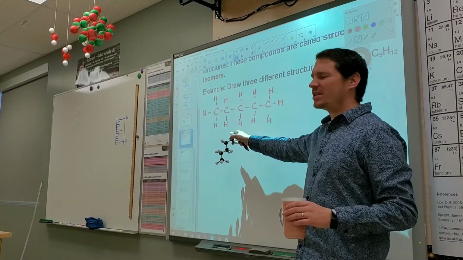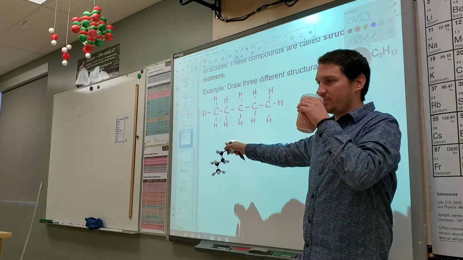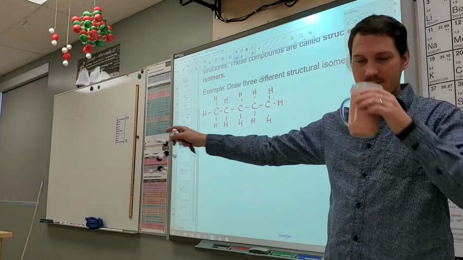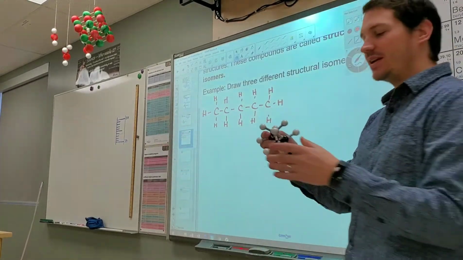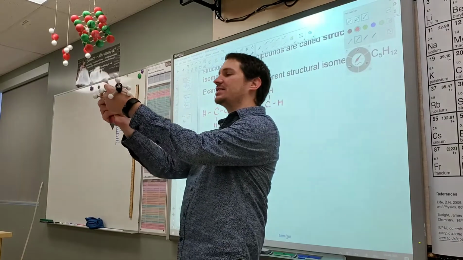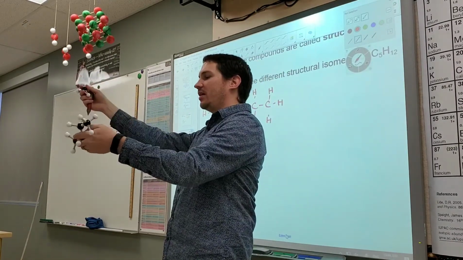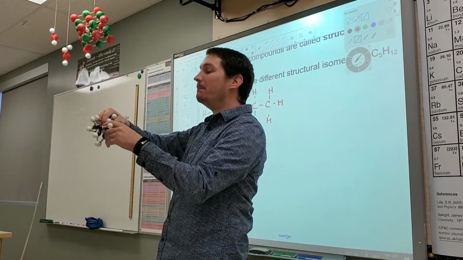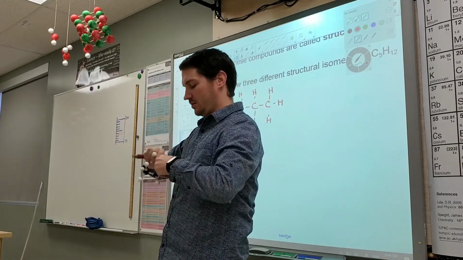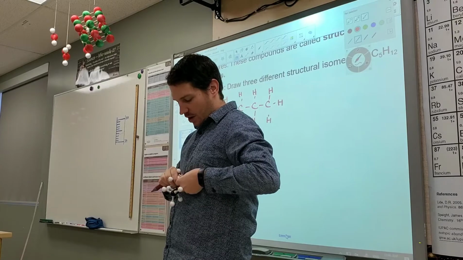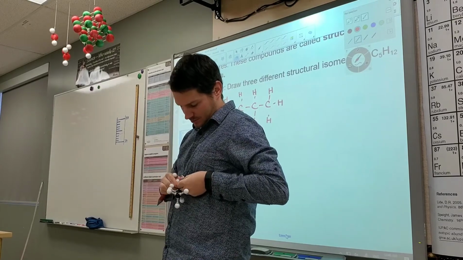Now, what did I say? What's the easiest way to make a structural isomer? Just take one off the end. So this last carbon, we'll take that off, and then we'll attach it to the middle of the compound. So I'll swap out that hydrogen.